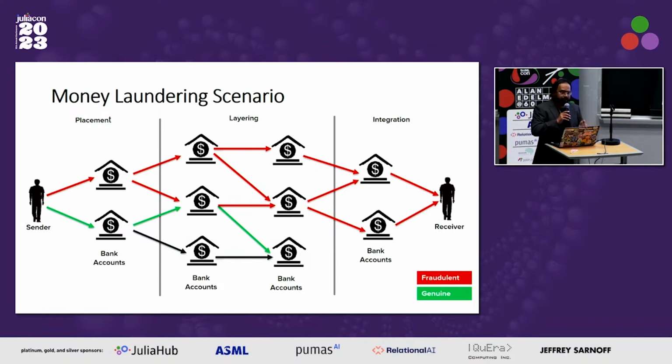Whatever money you get will be divided into several small chunks and deposited into several bank accounts. At the end, it will be integrated and reach the intended recipient. The arrows shown in red color depict the money laundering scenario. The arrows in green color depict the normal scenario.